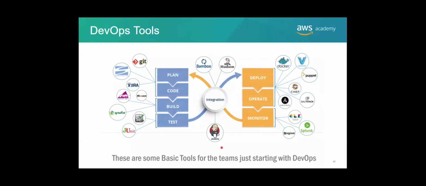For deployment and operate, we have Docker, Puppet, Chef, Ansible, StackStorm. Next, monitoring, we have Nagios, Splunk, and ELK Stack. For integration, we have Jenkins or Bamboo or Hudson. So whichever we are comfortable with, only that we have to take.